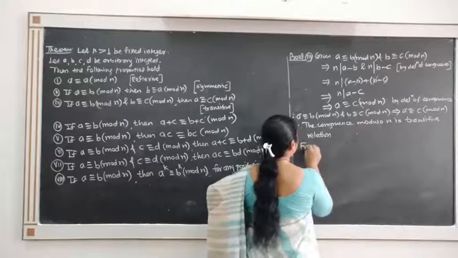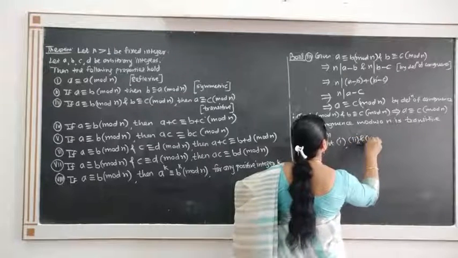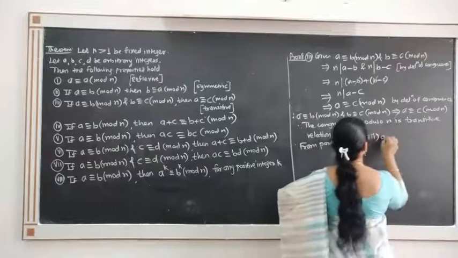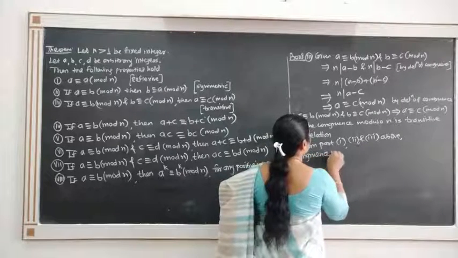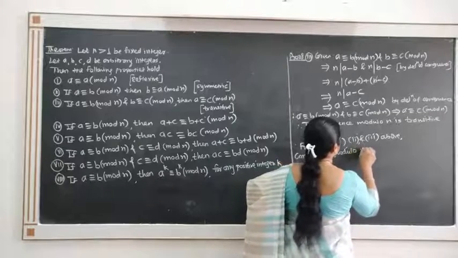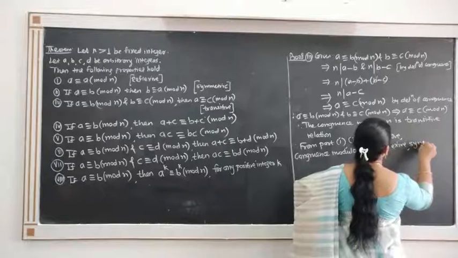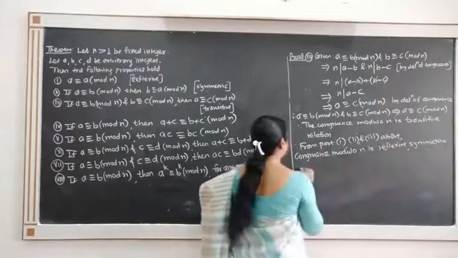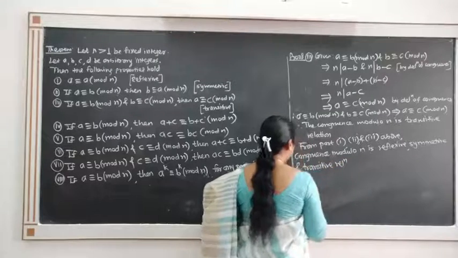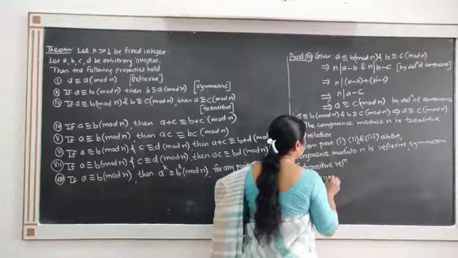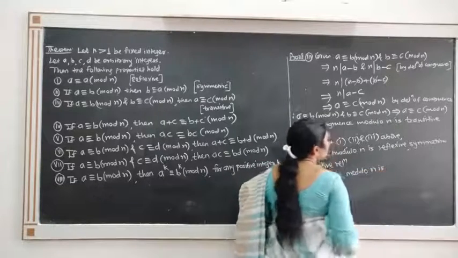Therefore, from parts first, second and third above, congruence modulo n is reflexive, symmetric and transitive relation, which implies that congruence modulo n is an equivalence relation.